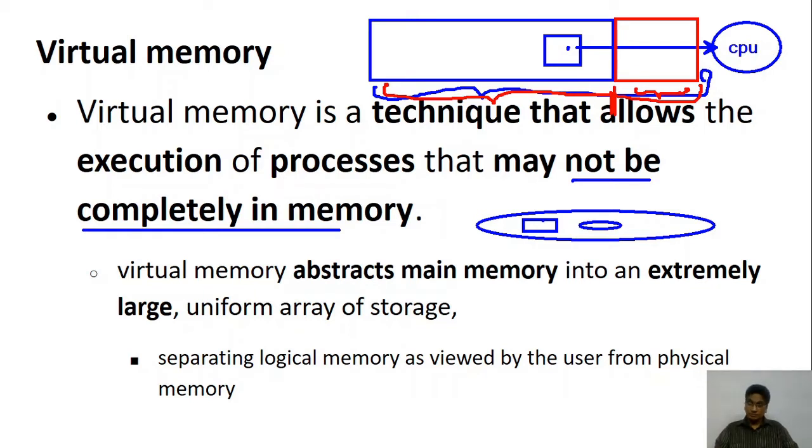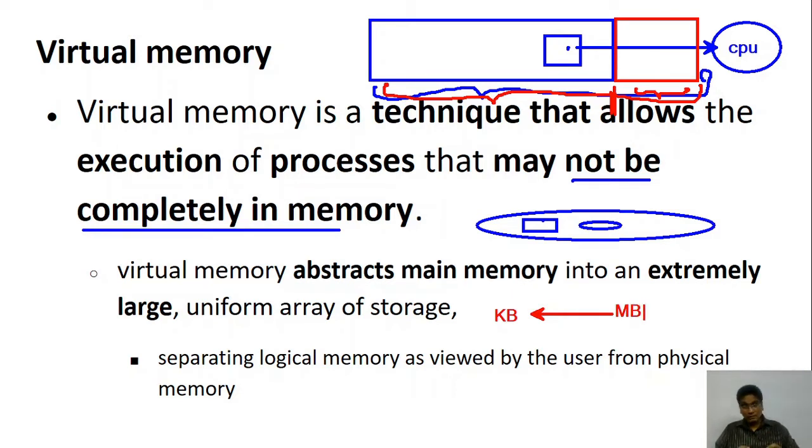So what's the advantage there? With virtual memory, you can in fact create a very large amount of memory. Just to give you an example, if you have 1 KB of RAM, you can run a program which is 1 MB. Remember, the difference is 1024 times.